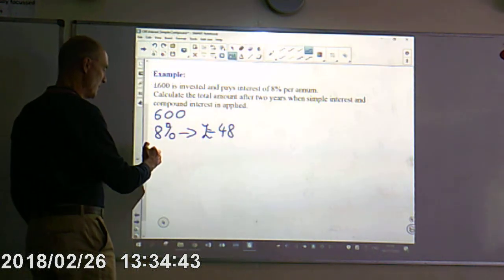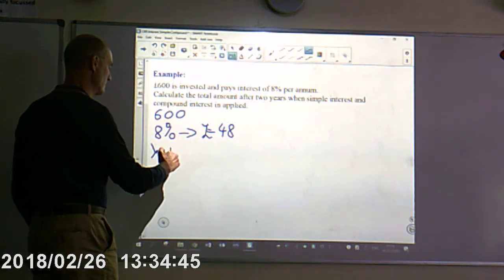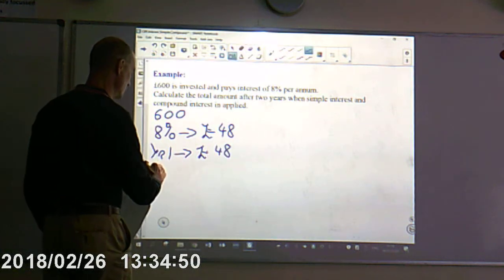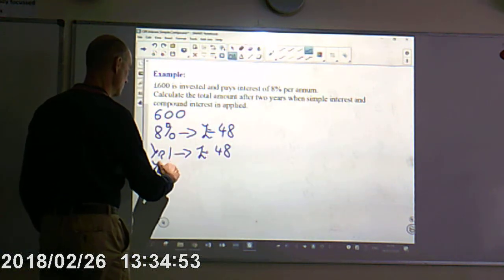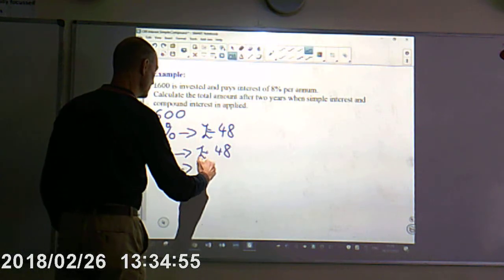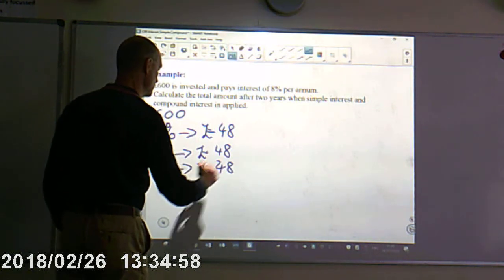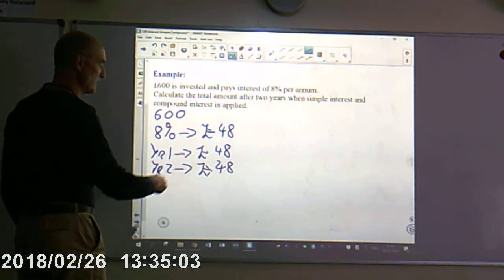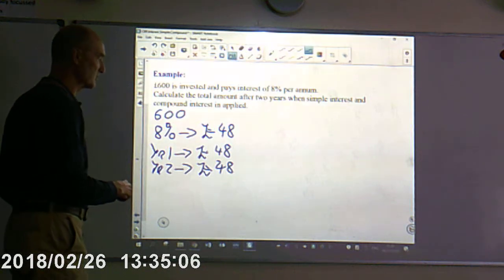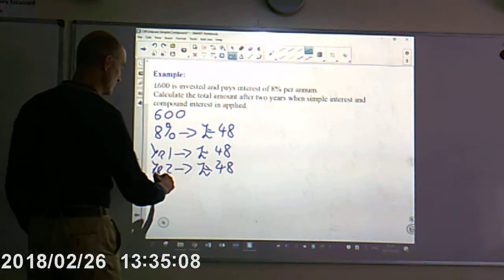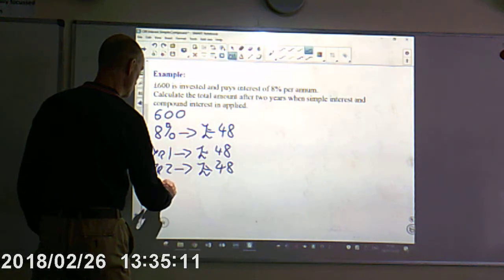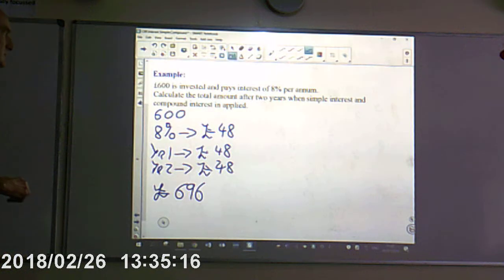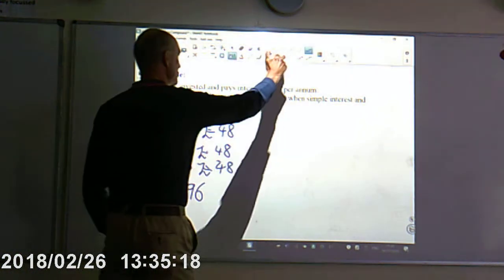So year one, £48. Year two, £48. So after my 2 years, I've got my £600 plus 48 plus 48, which gives me £696 in total.